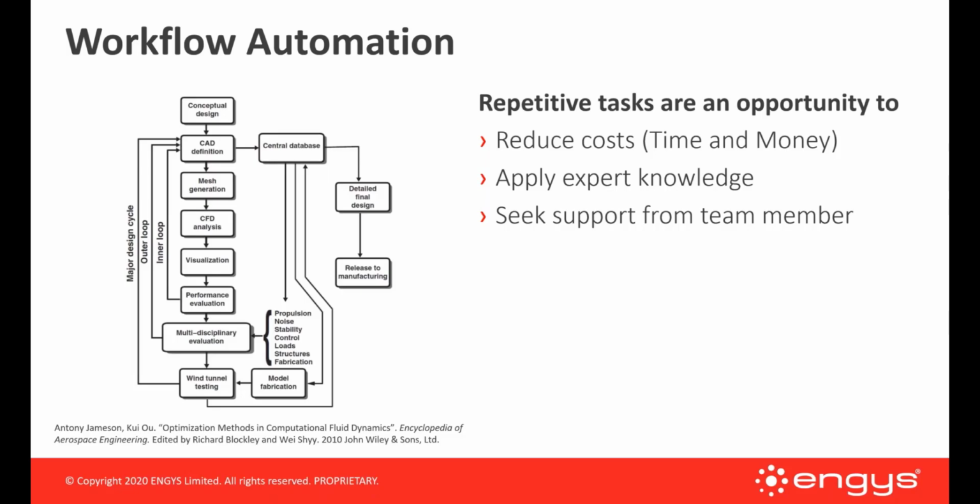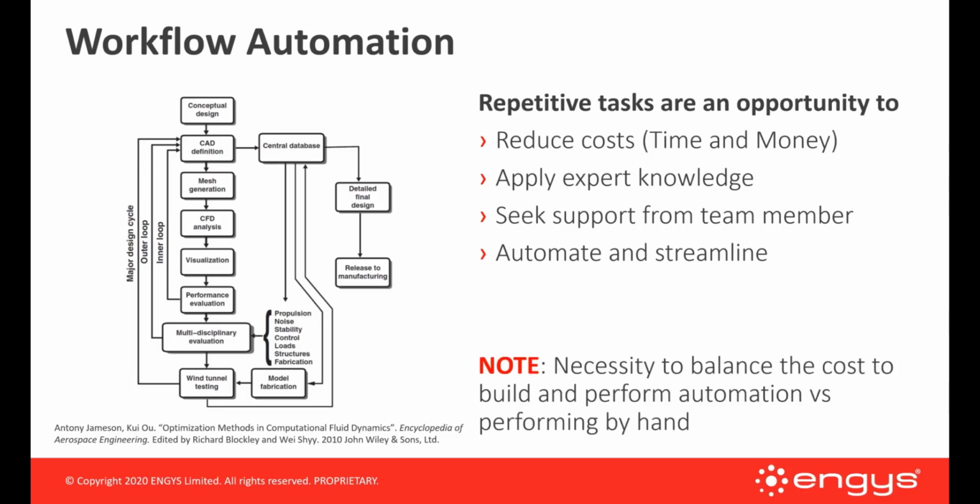It also allows you to seek support from other team members. For example, if you have something repetitive that's tried and true and you're confident in it, you can hand that off to a junior engineer, or even outsource or insource it. But it also gives us great potential to automate and streamline.